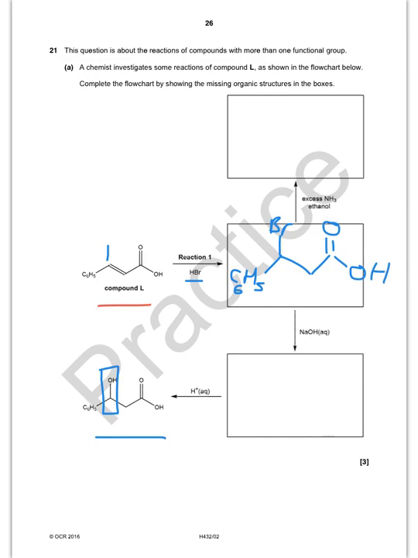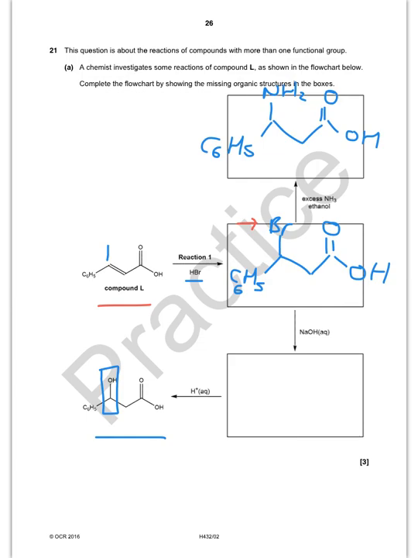With excess ammonia, you're going to do a nucleophilic substitution for your bromine there. So you're going to have C6H5, and then that is then NH2, like so. The rest of it stays the same, you haven't touched that.